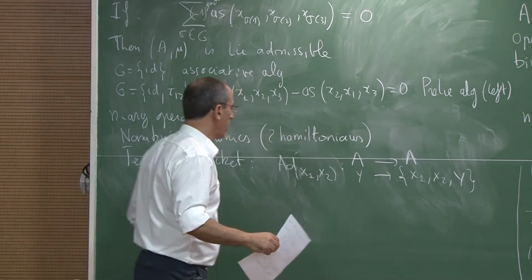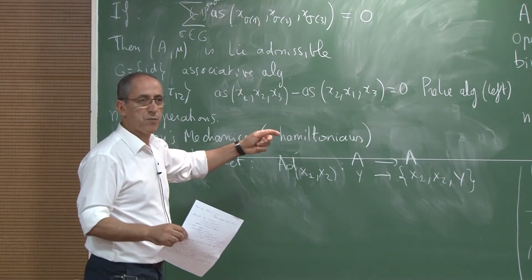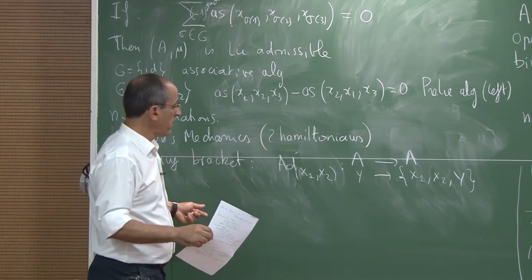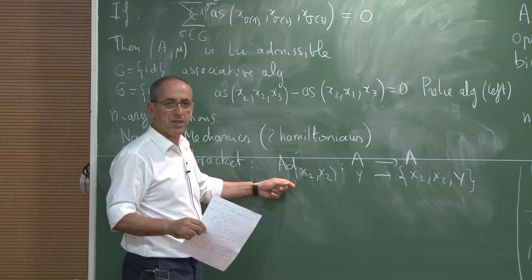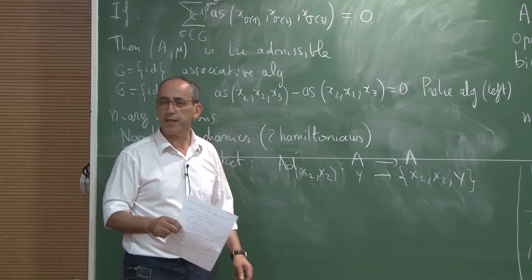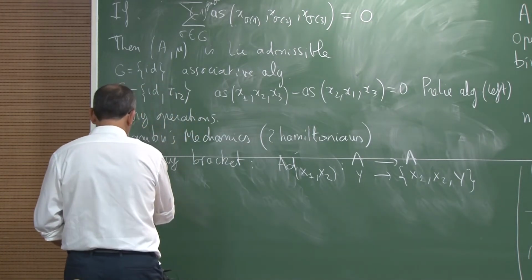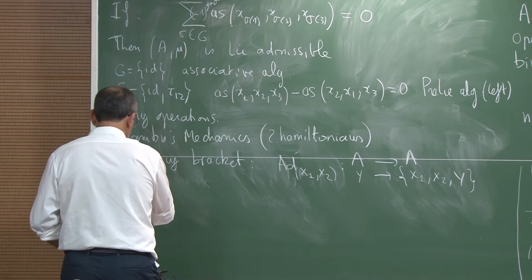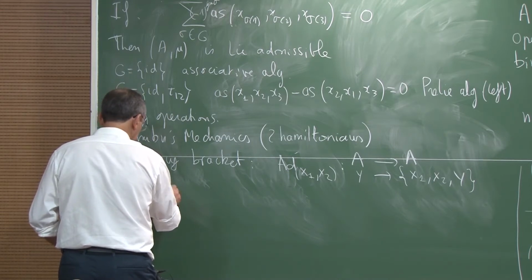To generalize this Jacobi condition for ternary operations, we have to say that the adjoint action is a derivation for the ternary operation, and we can write it as follows. Let me write it directly by brackets, maybe it's better. Then x1, x2.